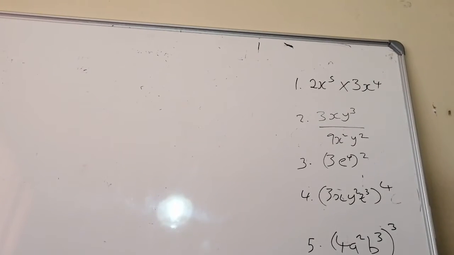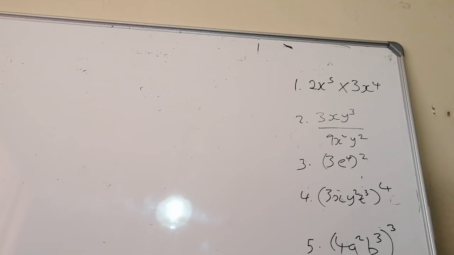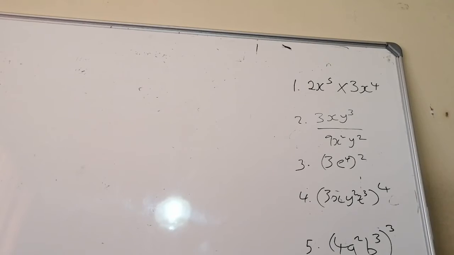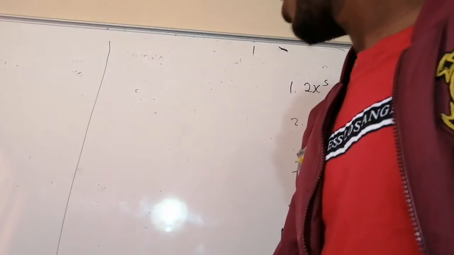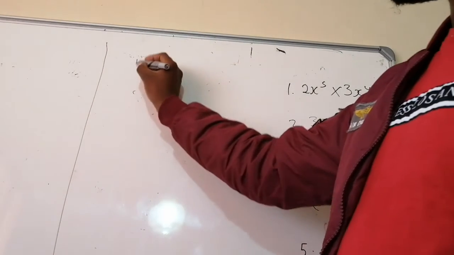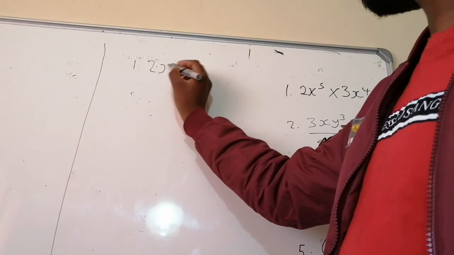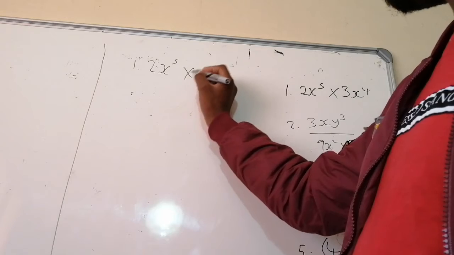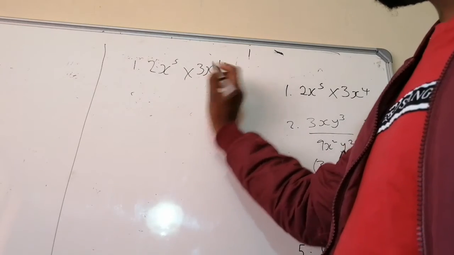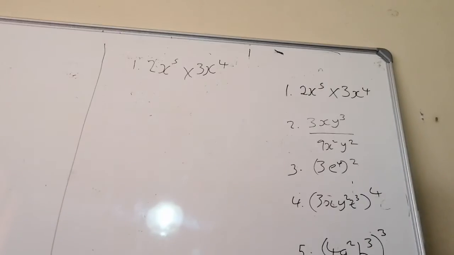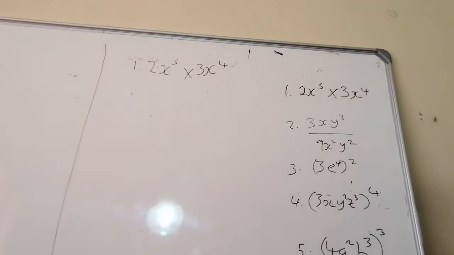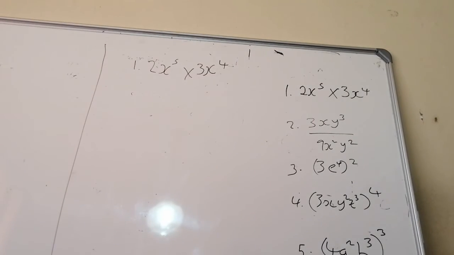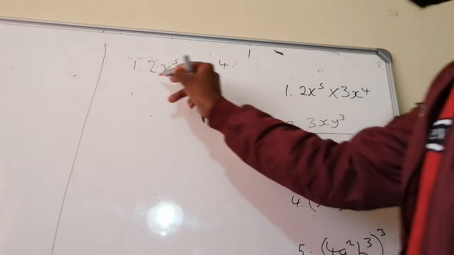I'm just going to take 5 examples to demonstrate what we've been discussing. Let's put this into practice now. Let's say I want to solve this expression, 2x to the power 5 times 3x to the power 4. The first thing we're going to do is multiply the coefficients together.